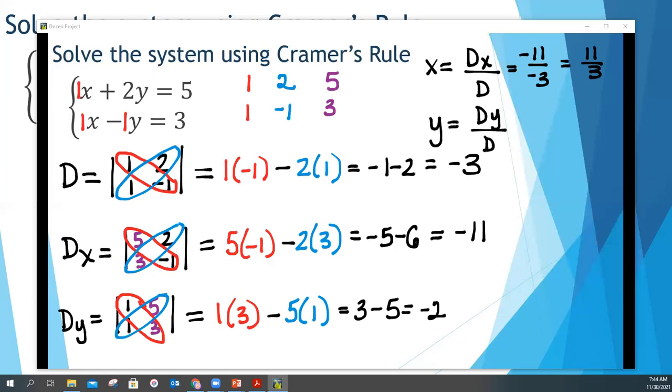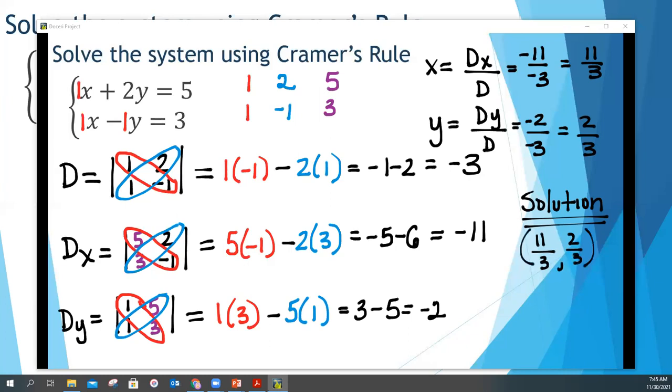And for y, I'm going to take -2 divided by -3, which is just +2/3. So my solution is 11/3, 2/3. That is the solution to this system.